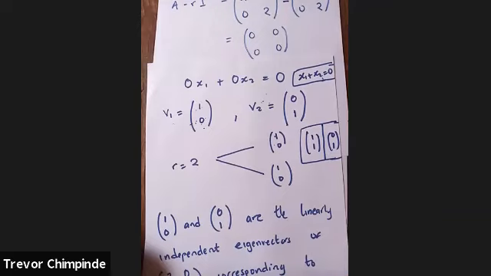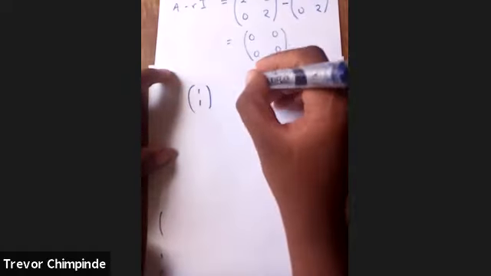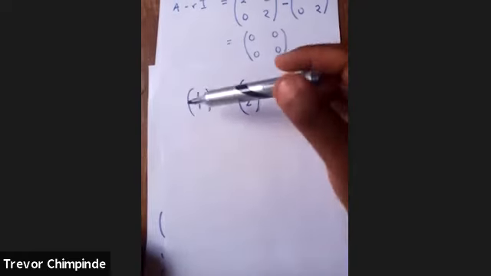I wanted to find out, would picking, let's say, 1, 1 and 1, 1 be correct in the first instance? They are the same, so it won't be correct. If you pick 1, 1 and 2, 2, it also wouldn't be correct because this is a scalar multiple of the other.